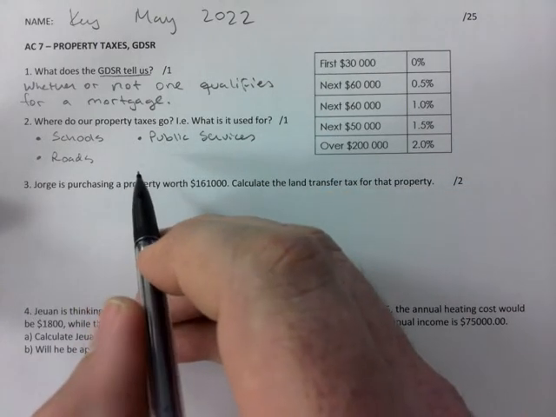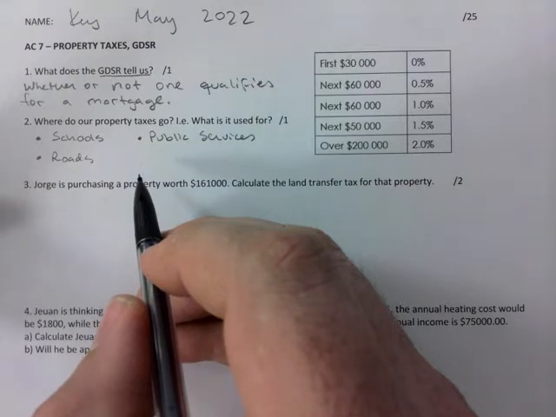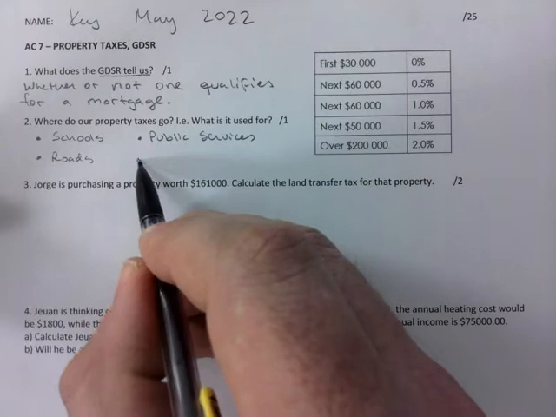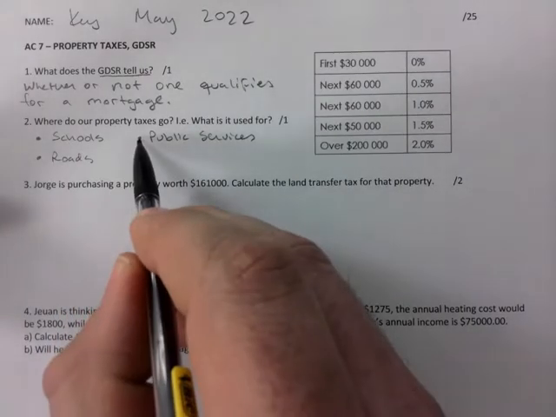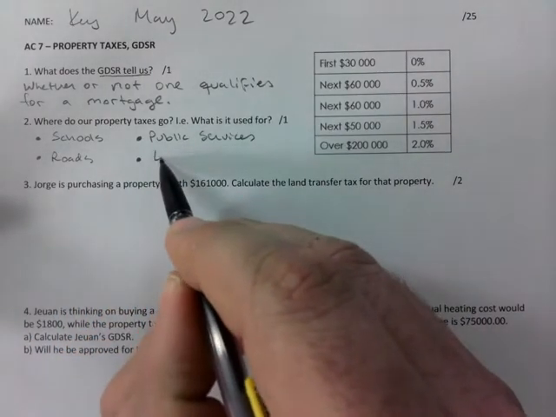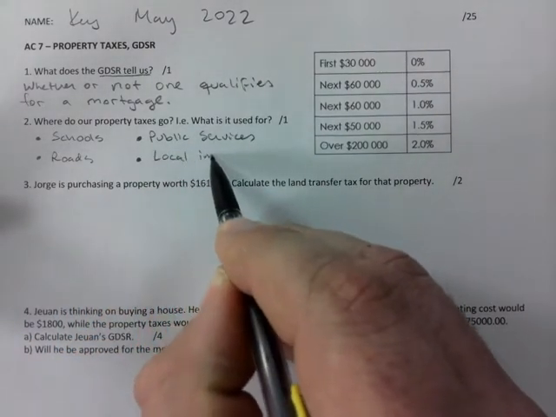Anything else? Yeah, the thing it says is to help put things in the area. Be more specific next time. I'll give you half for that one. Local improvements, yes, local improvements.